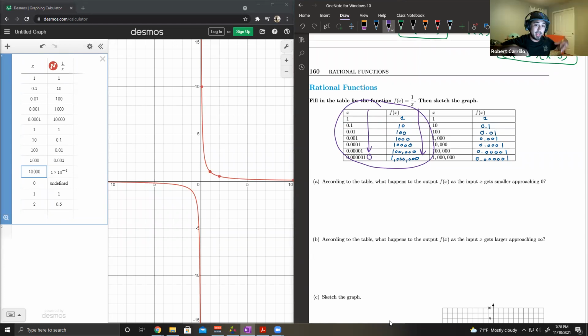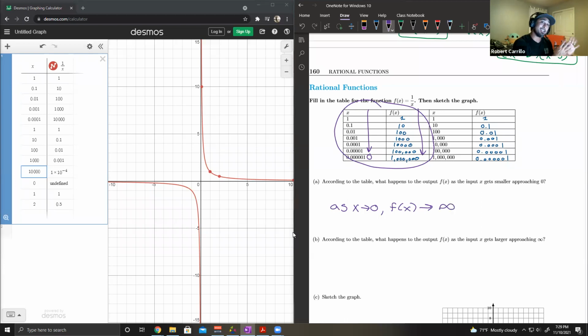They're becoming infinitely larger, right? Because if we kept adding the 0 to that decimal place, your next number would be 10 million, and then 100 million, and then you'd get to the billions. So as x gets closer to 0, y starts to get increasingly larger towards infinity. So we can state this as x approaches 0, f of x will approach infinity.